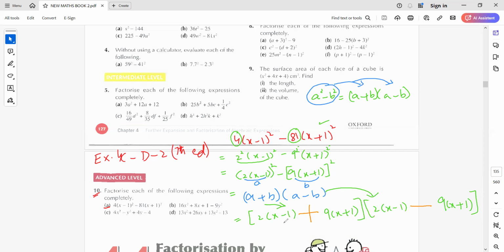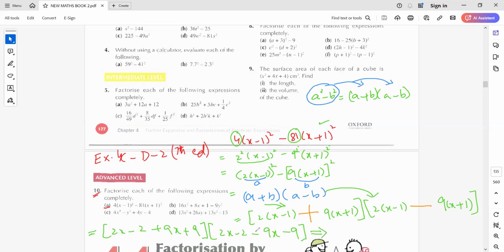Okay, now it is just a matter of simplification. So I can simplify them to be 2x minus 2 plus 9x plus 9. Then 2x minus 2 minus 9x minus 9.